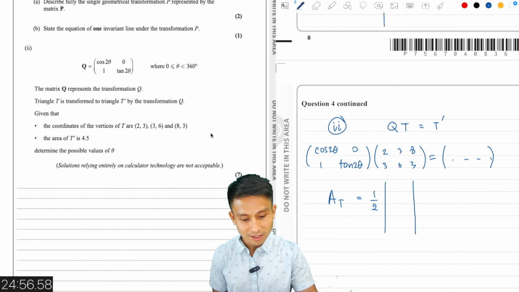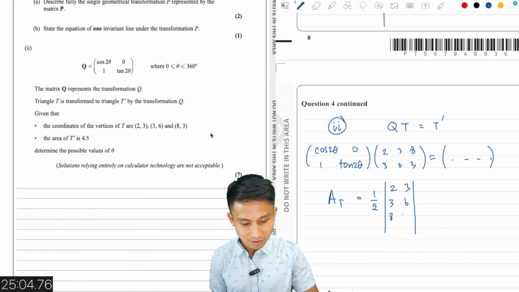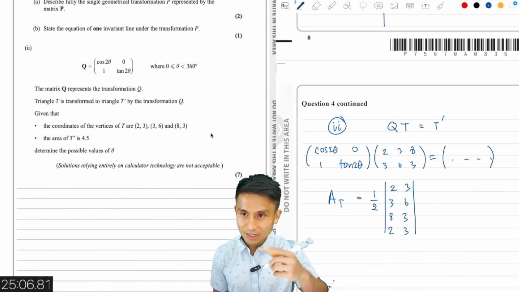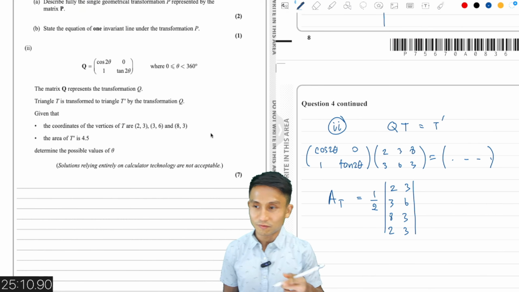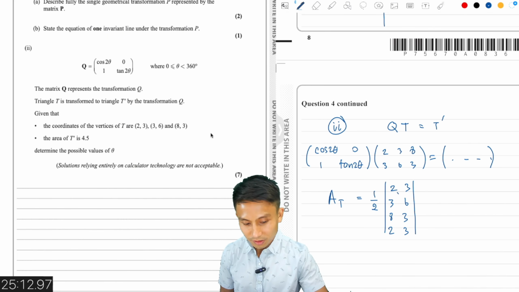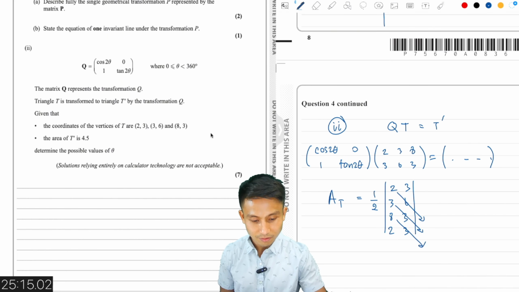You put all the coordinates in this way: 2, 3, that's the first point, 3, 6, 8, 3, and then back to the first point. Okay, so I have 2, 3 again here. And then you do multiply down minus multiply up.